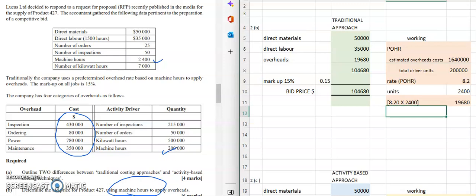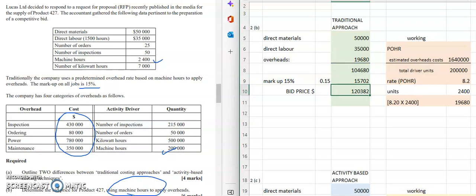However, the examiner says, well, all jobs must have a 15% markup. So I'm going to apply this 15% markup to this number. So let's multiply that and get an answer. So that will be this multiplied by 15%. And that gives me 15,702.